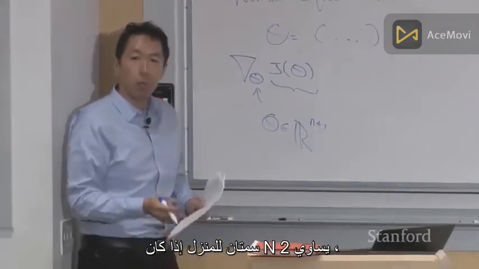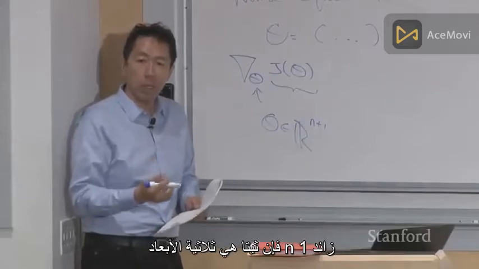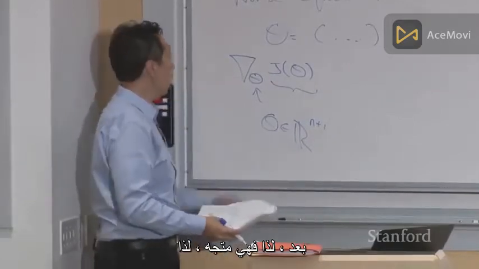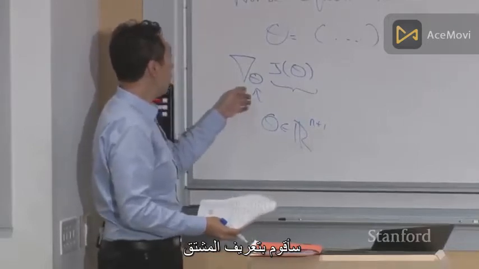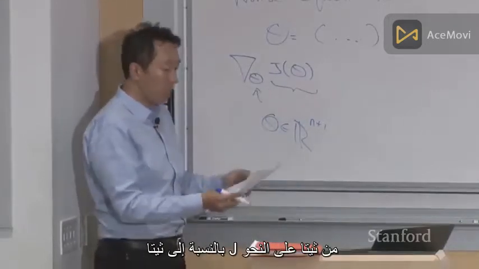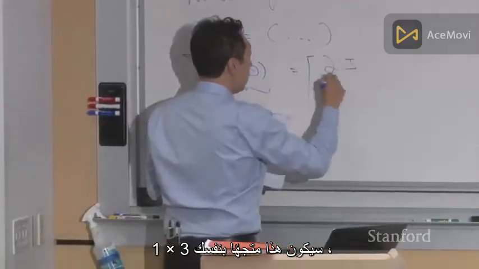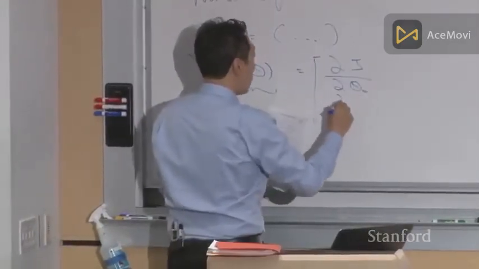If you have 2 features for the house, if n equals 2, then theta is 3-dimensional, it's n plus 1 dimensional, so it's a vector. And so I'm going to define the derivative with respect to theta of J of theta as follows. This is going to be itself a 3×1 vector.